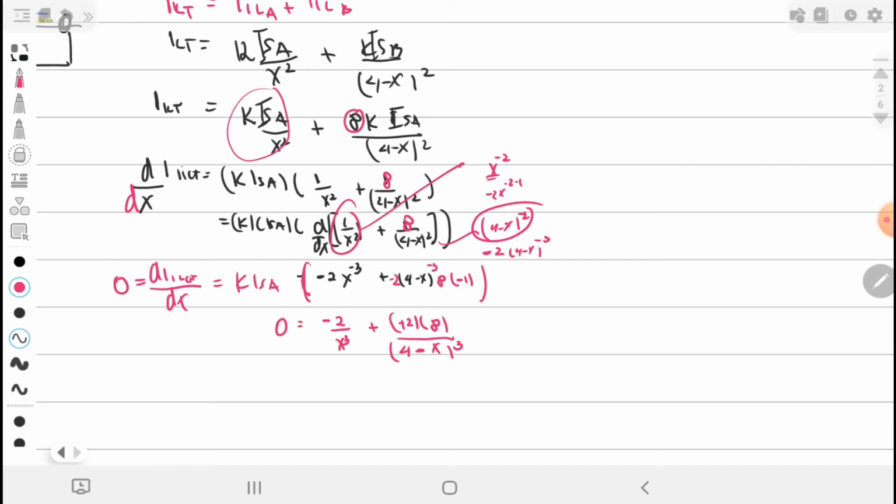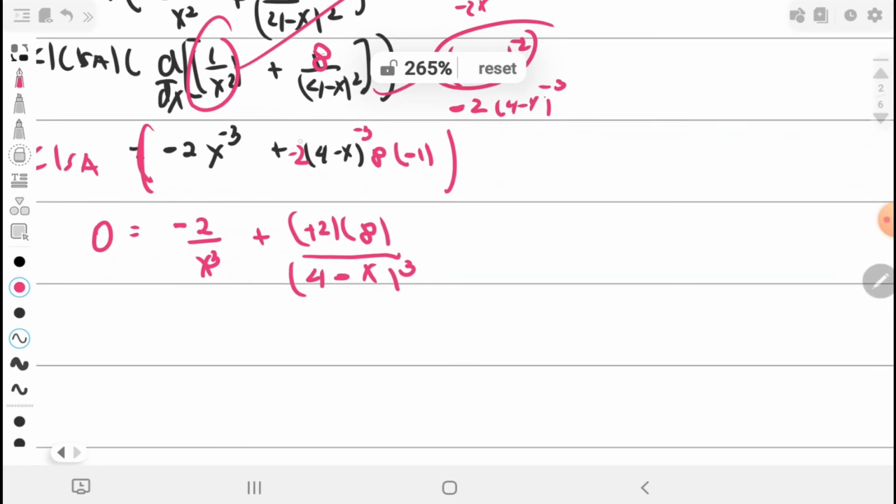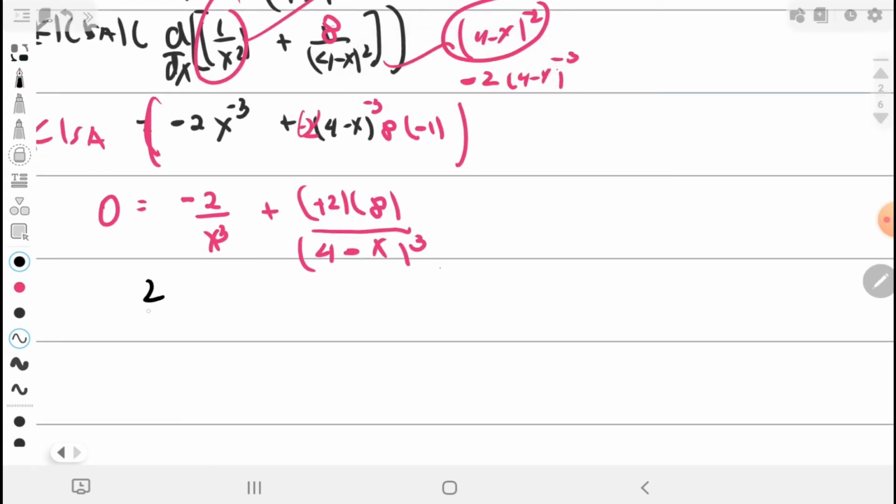So, from that, we will have negative 2 over x cubed plus positive 2, negative multiplied by negative is positive, 2 multiplied by 8 all over 4 minus x cubed. So, I can move the 2 to the other side. So, 2 over x cubed is equal to 16 all over 4 minus x cubed.